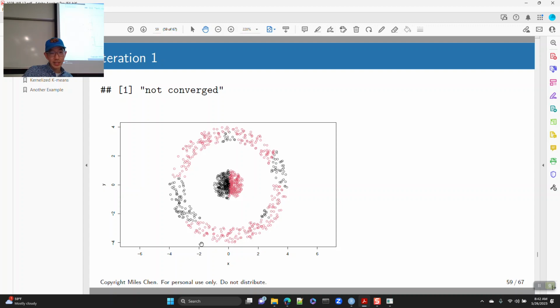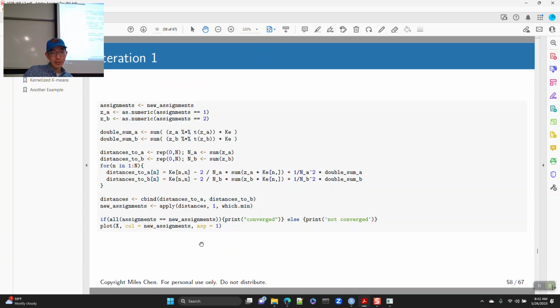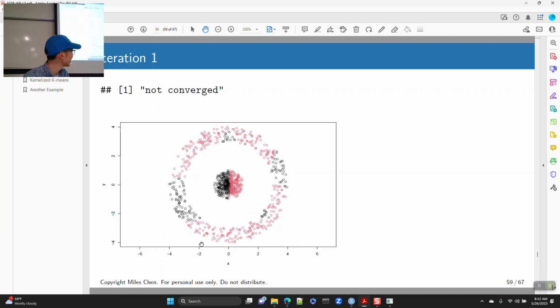And after one iteration, these are the assignments. But again, this is just the shadow of what has happened in a higher dimensional space, and we're just seeing the two-dimensional shadow of this. Then we run another iteration, and we calculate the distances to the centroids.